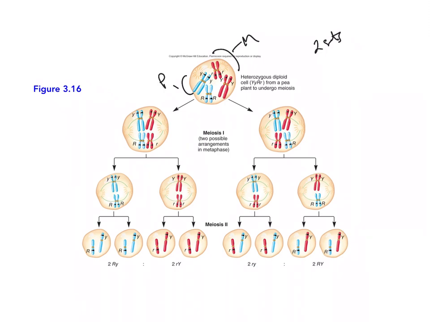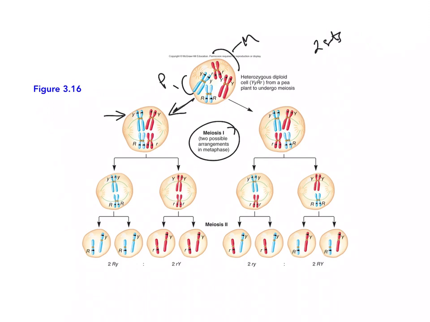Now there are two possible arrangements of these chromosomes during metaphase, in terms of the side that they're on. In this one, we've got these 4 chromosomes, 2 of which are homologous, and the other 2 are also homologous.